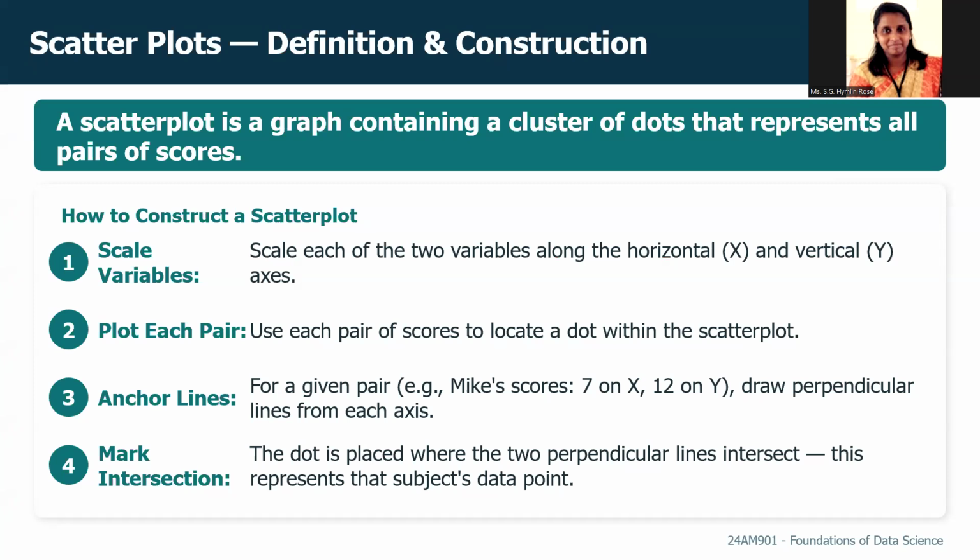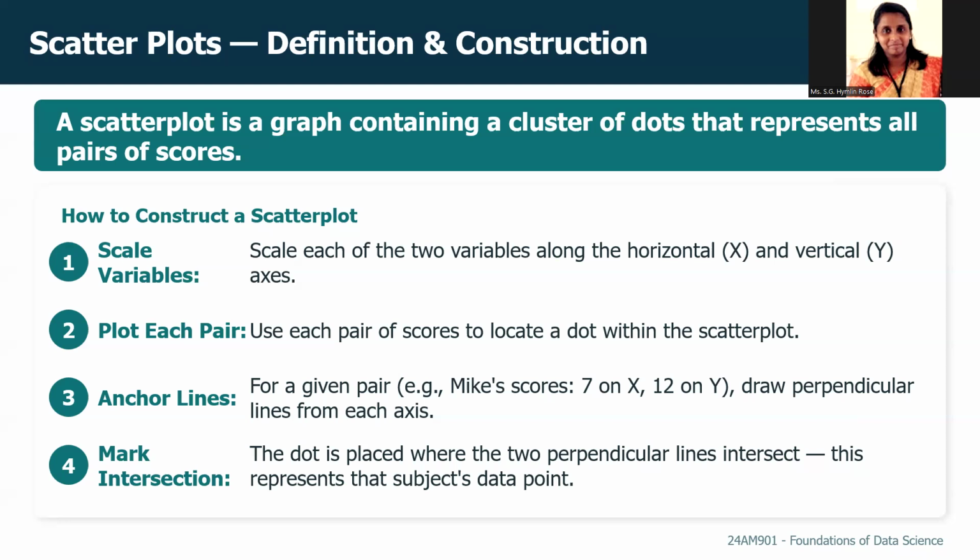Step two is to plot each pair. Use each pair of scores to locate a dot within the scatter plot. That generates one pair of coordinates, and each and every dot represents one pair. The third step is the anchor lines.